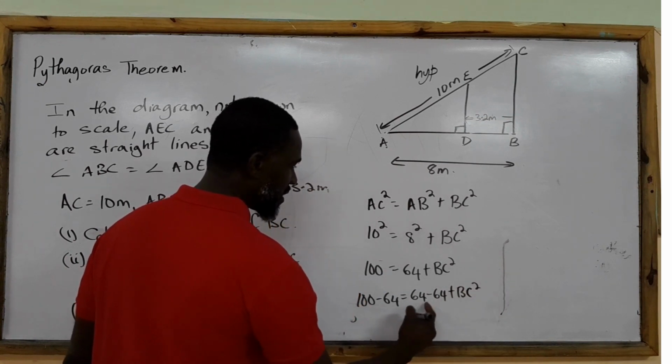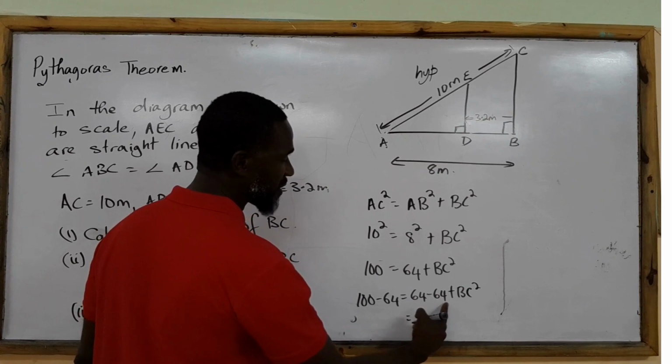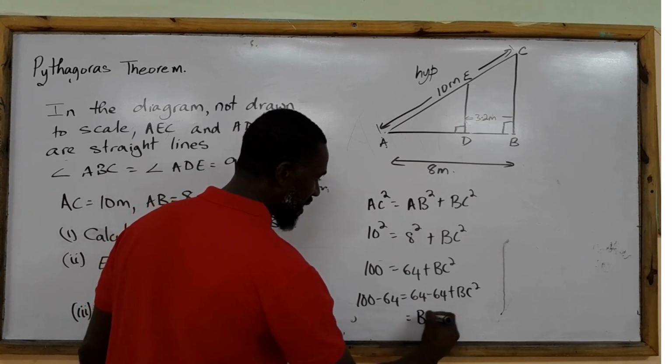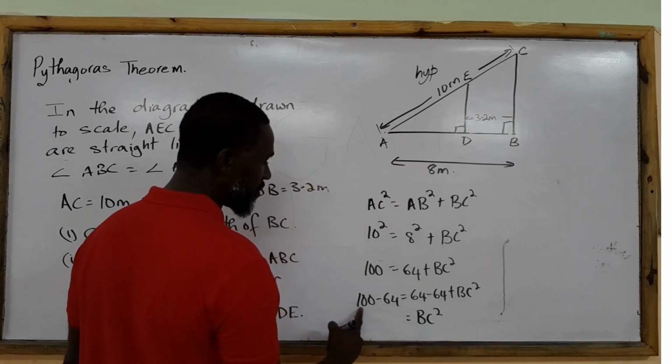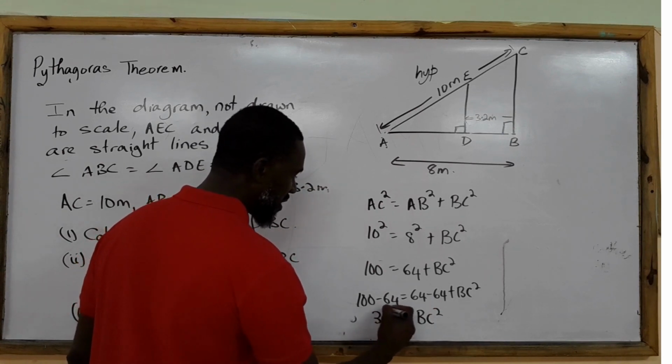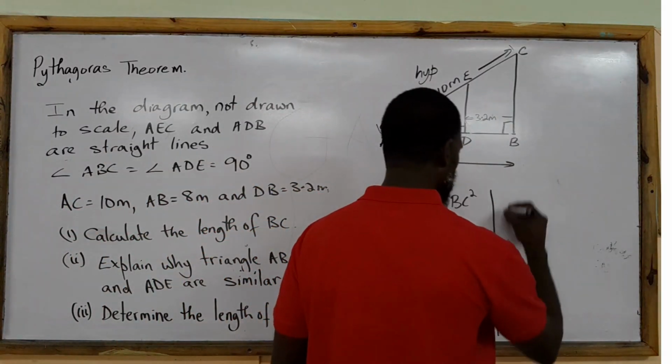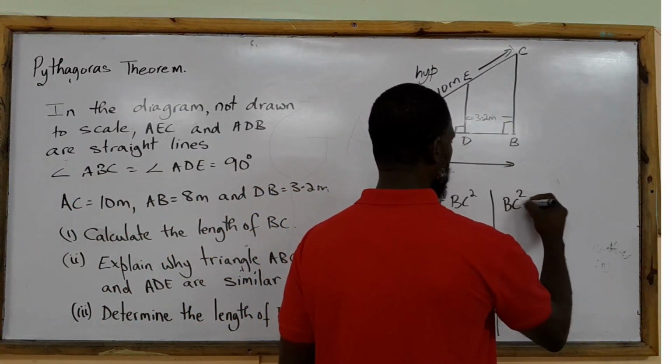So 64 minus 64 gives us 0, right? So 0 plus BC squared still gives us back BC squared, and 100 minus 64 gives us 36, right? So therefore, BC squared is equal to 36.